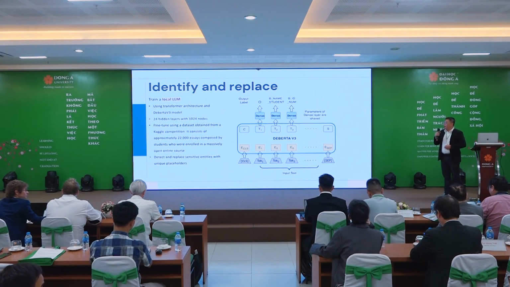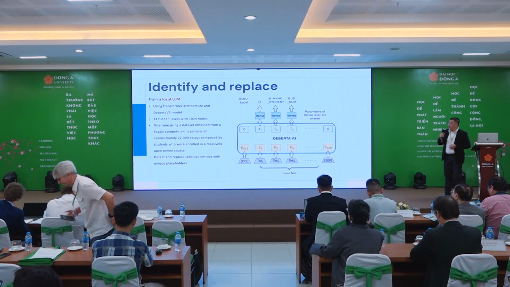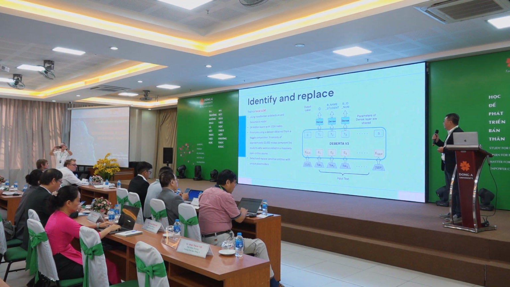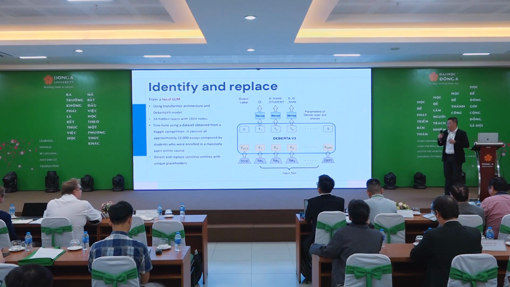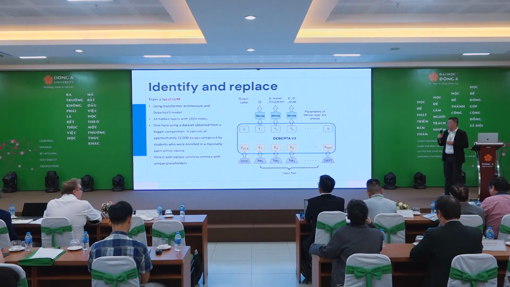It has 24 hidden layers with 1024 nodes, and because it is a transformer architecture, we fine-tune it using a dataset that we obtained from a Kaggle competition. This dataset consists of 22,000 essays written by students who enrolled in an open online course. Based on this dataset, we can train our model to detect sensitive data like names, addresses, emails, and so on, and then replace the data with the corresponding tag.